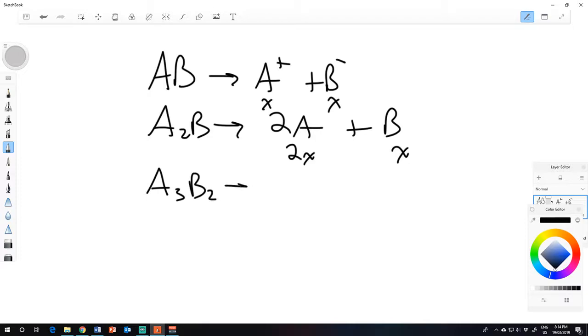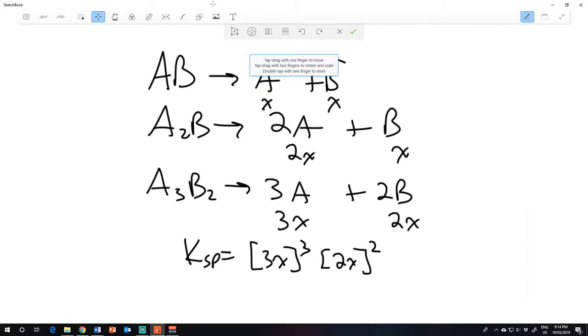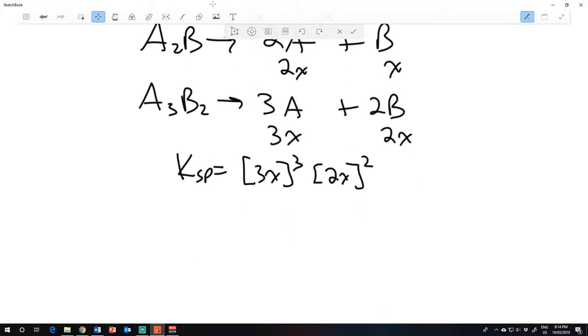We don't have anything like this, although if we did, that wouldn't be too terrible. This would just end up being 3x, this would end up being 2x, and the KSP for this would be whatever it happens to be. So KSP for a form like that, you would get 3x cubed, 2x squared, and then the algebra just ends up being a little scarier than what we were dealing with prior.